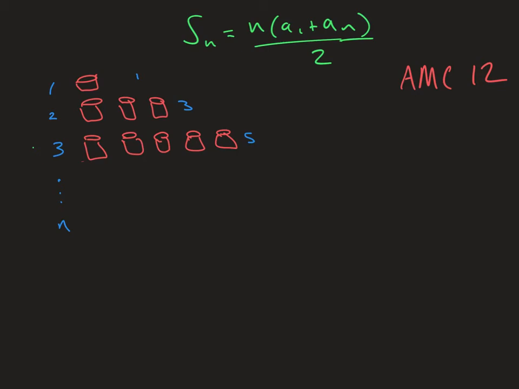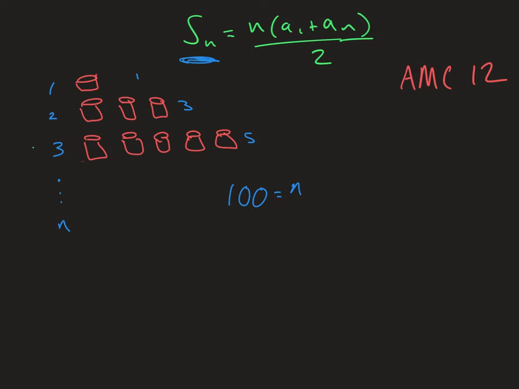So if we relate this back to arithmetic series, S sub n, this quantity right here, equals 100. So 100 equals n, because n is our number of rows, and we don't know that. They're asking us for that.